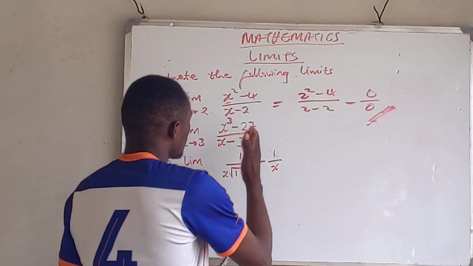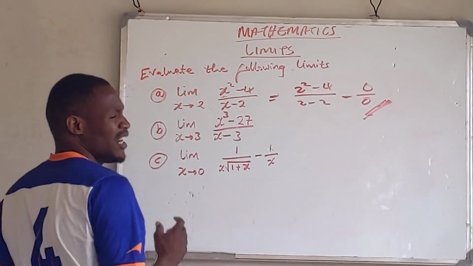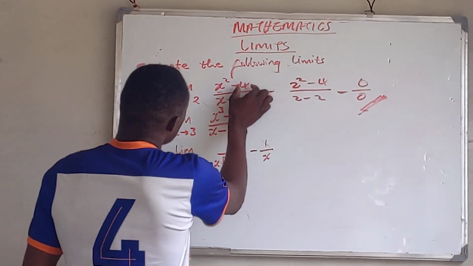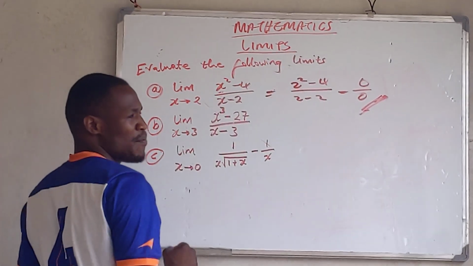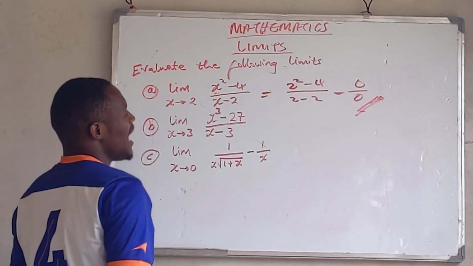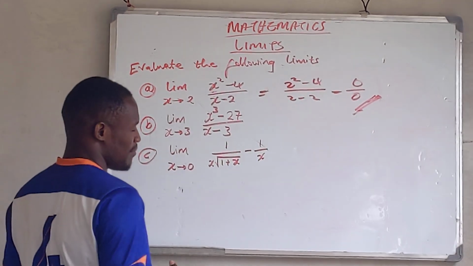Now, when we look at the numerator, here we have a 4. This 4 is a perfect square, which means it can be written as the square of a number.